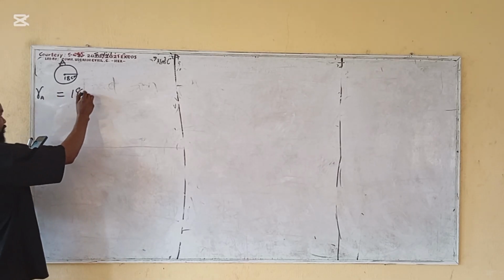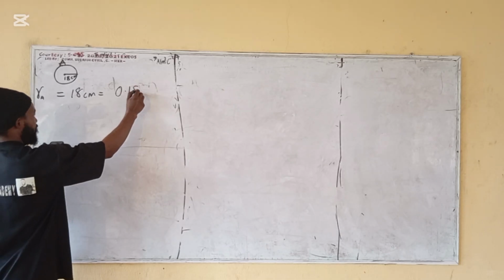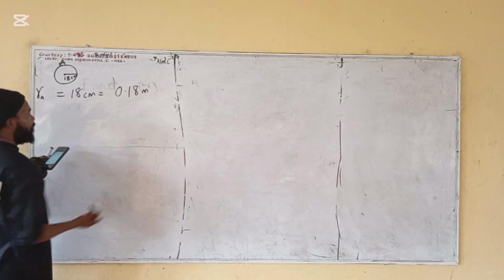Let's say this is the sphere, sphere A, with radius R. So 18 cm is the same thing as saying 0.18 m.